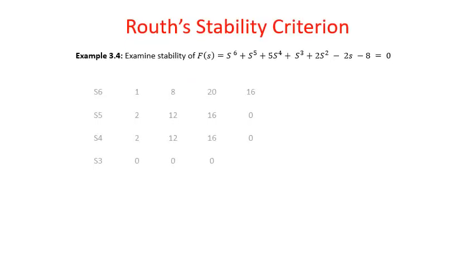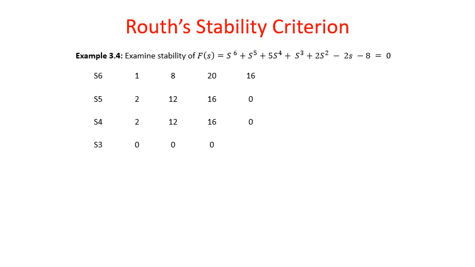So we will prepare the array. After getting the s3 row, which is all 0, what we do is take the auxiliary equation of the previous row, that is the s4 row. How do we take the auxiliary equation? 2 into s to the power 4, then 12 into s to the power 2, plus 16.